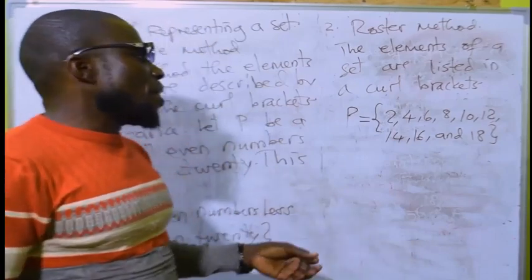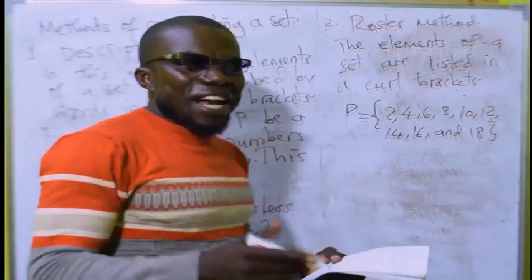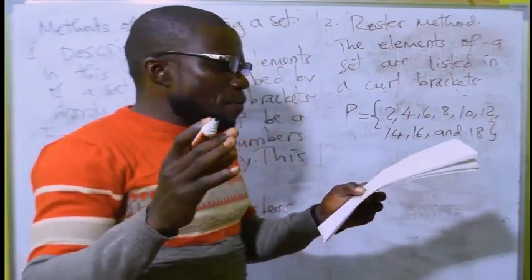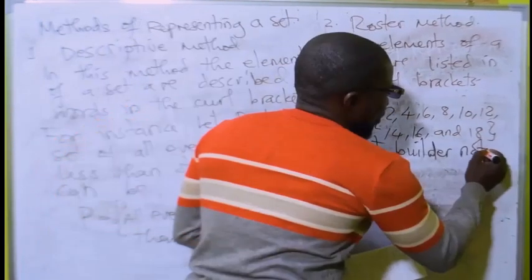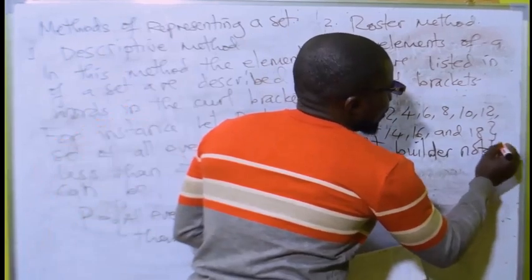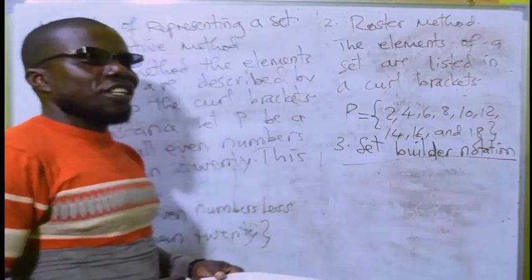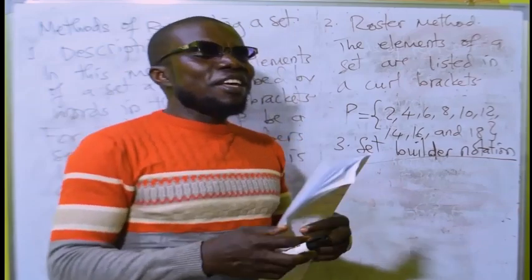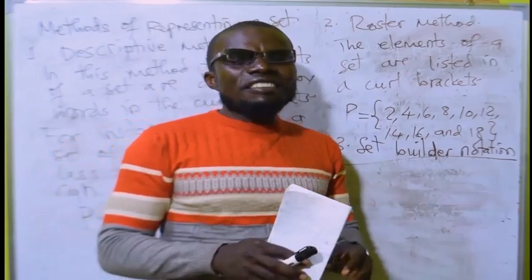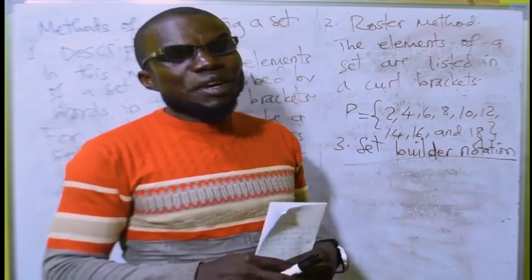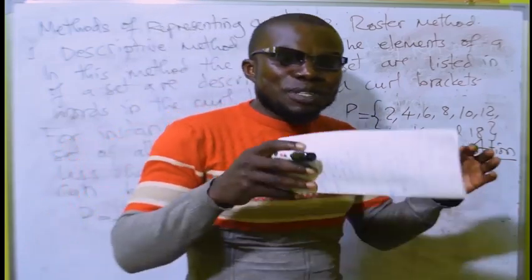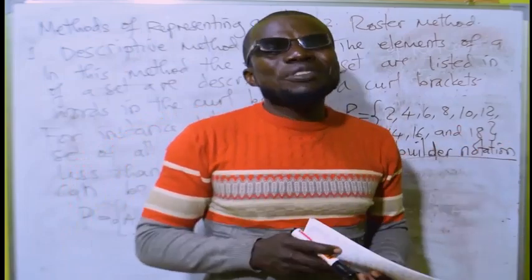Now, another method of representing a set is called set builder notation. Here we are writing the elements of a set by using specific mathematical symbols.